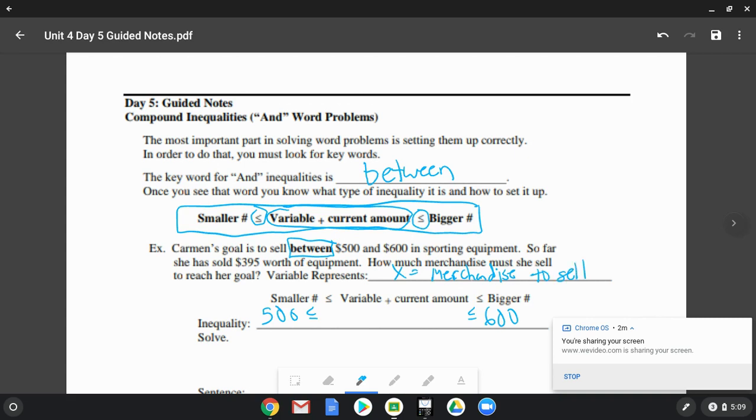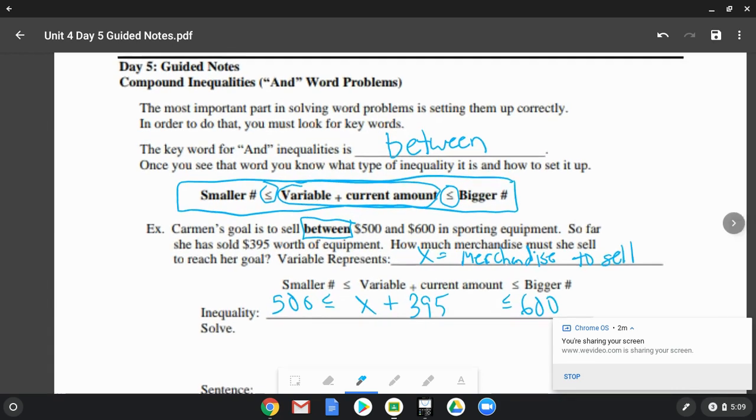So if she's already sold 395 and she wants to sell between 500 and 600, because she probably is on commission, that's something we learned about in Unit 2, we would say that we have x plus 395, because that's the amount that we already have, and the variable x is the merchandise that she still needs to sell.